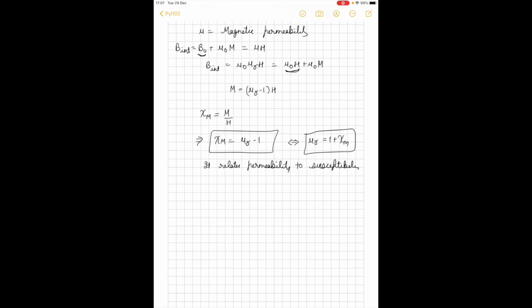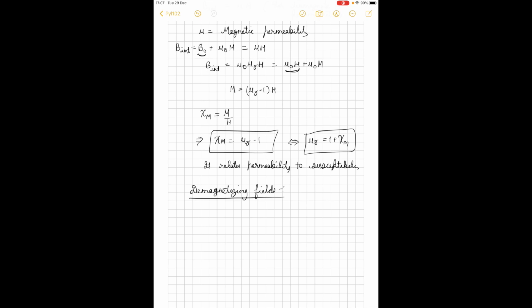The next topic that I want to discuss is called demagnetizing field. So let me write it down first and then I'll discuss what it is. So demagnetizing field, as its name indicates, it demagnetizes.